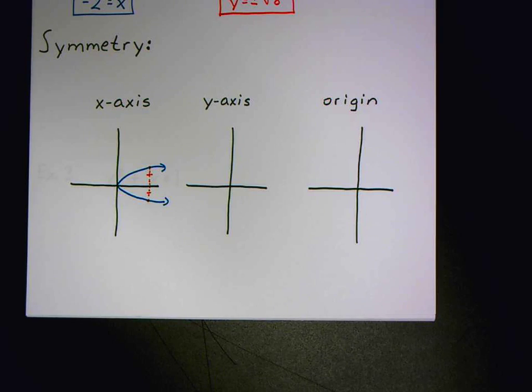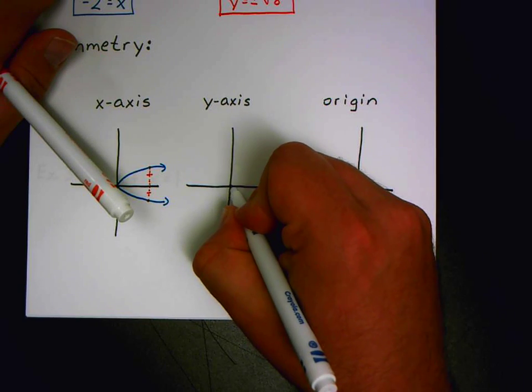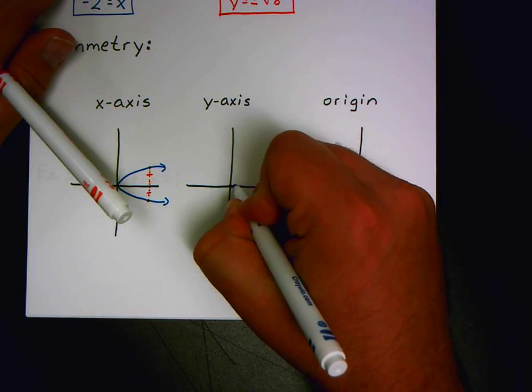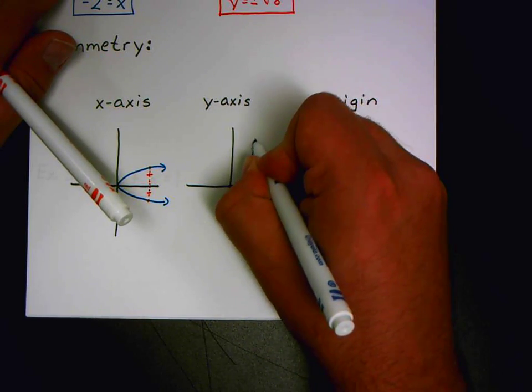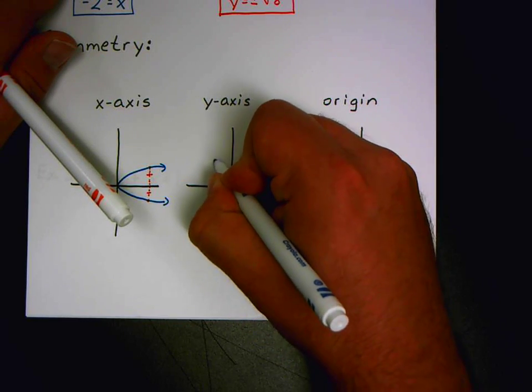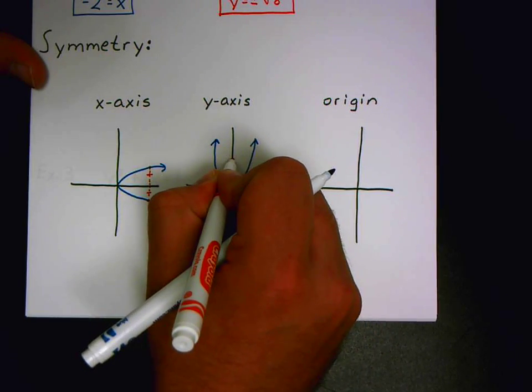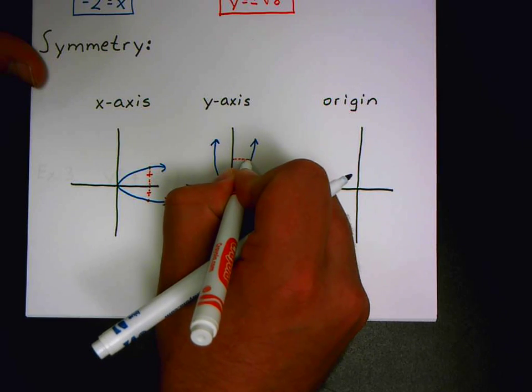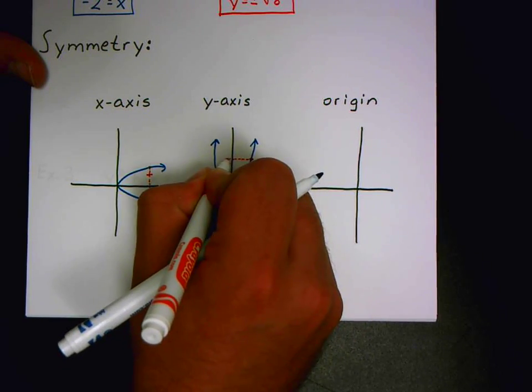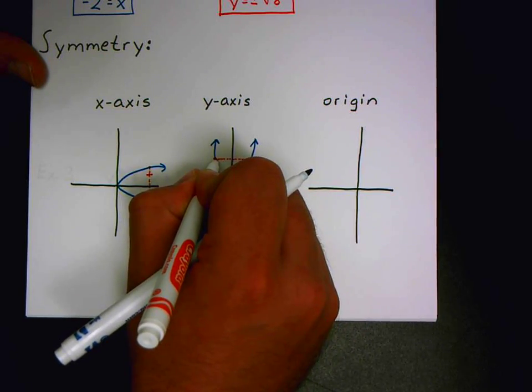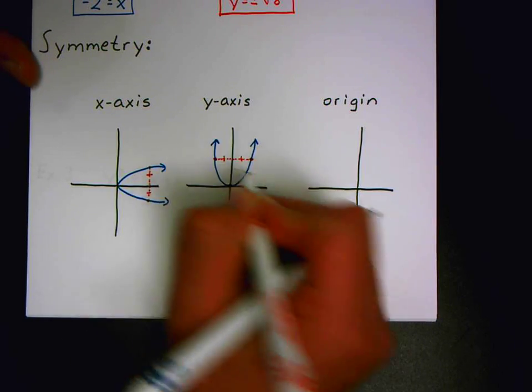Okay, y-axis symmetry. I'm just going to stick with our parabola. Same thing. If you fold it along the y-axis, it would match up, which means if you take any points at the same height, that distance has to be equal.